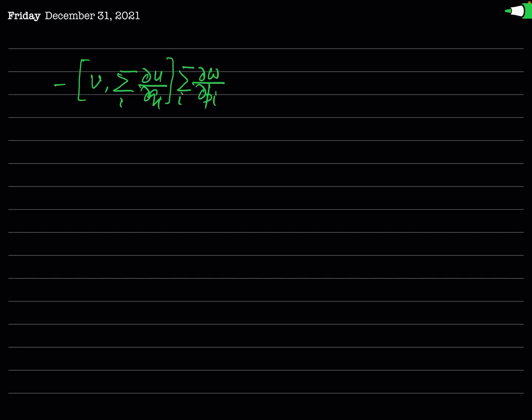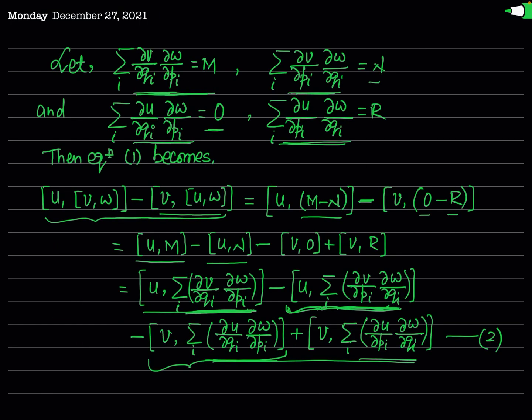You can see here Poisson bracket of V and this much, summation over i del U by del Qi times summation over i del W by del Pi.